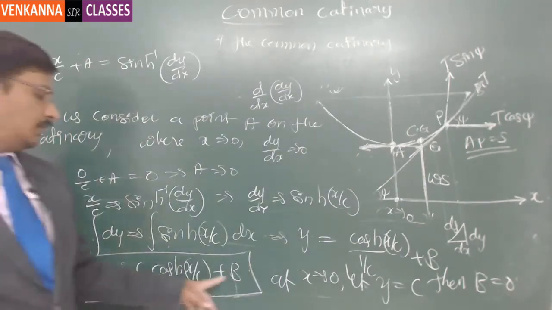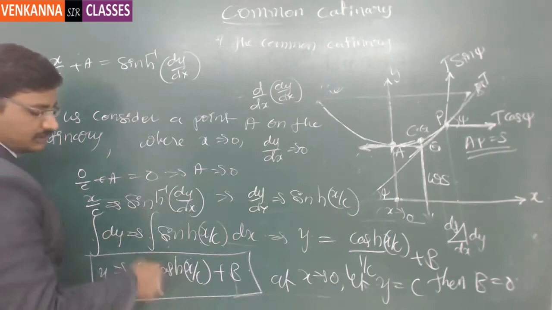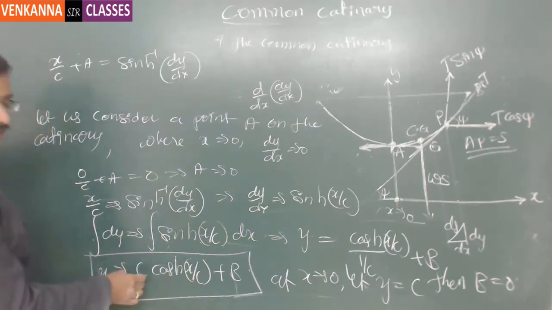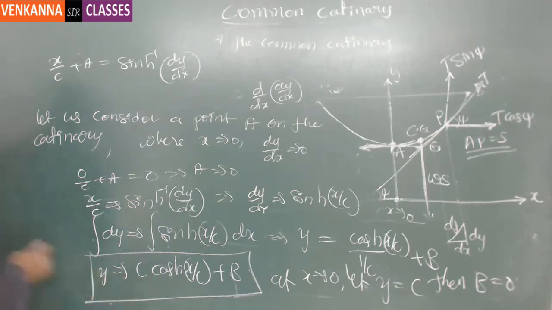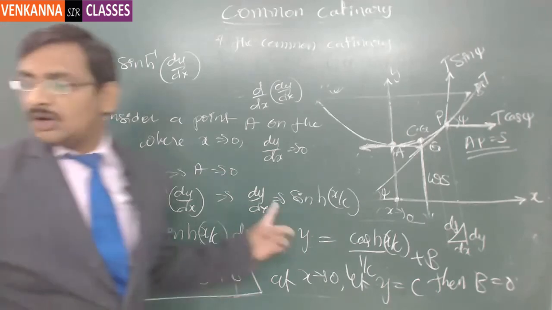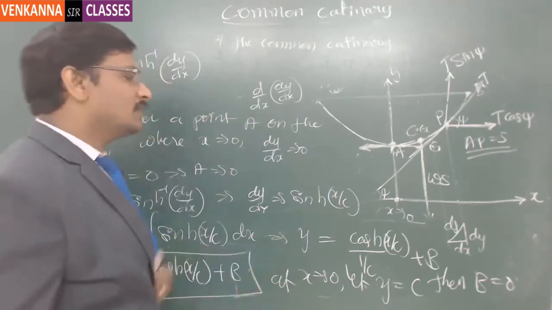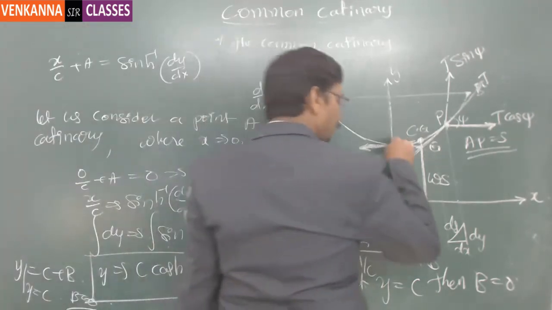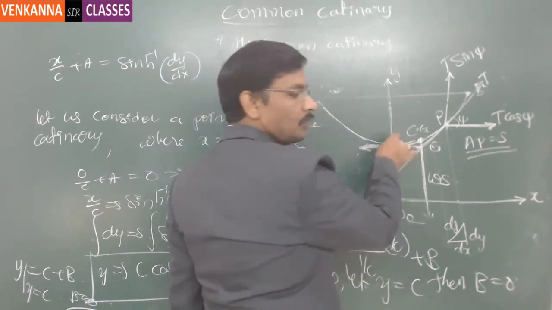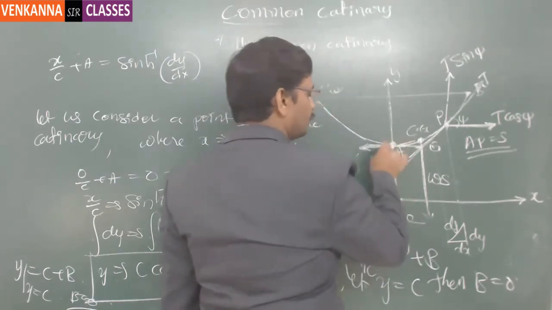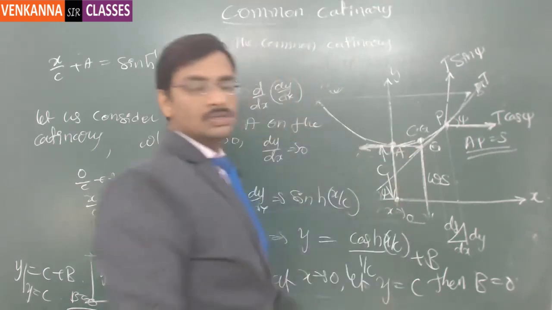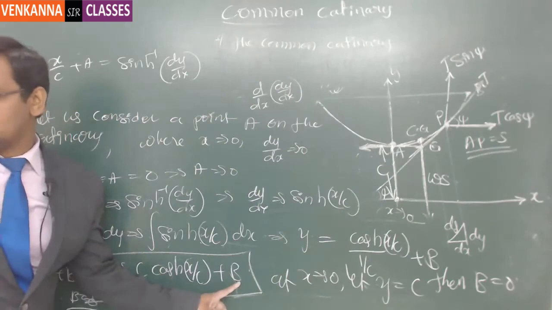Got it? If I make x is equal to 0, cosh 0 is going to be 1. If this is 1, c will be left over here. Now we have got the relation y is equal to c plus b. Now, if I make y is equal to c, then b will be 0. So the arbitrary constant which we got with the integration, you can eliminate by making y equal to c. That is why I have taken the origin somewhere below the minimum point at a height of c. So this height is c, so that I can eliminate b, or make it 0.